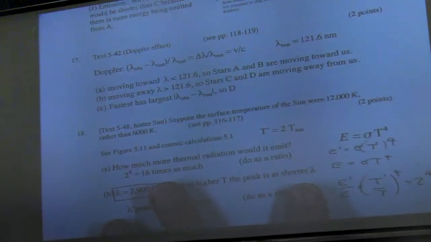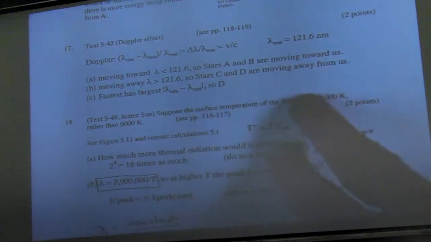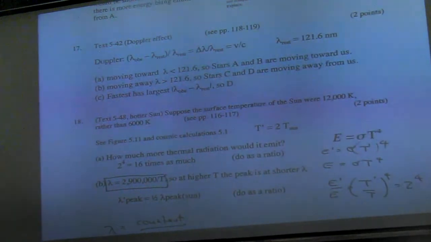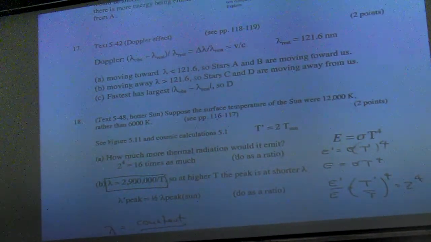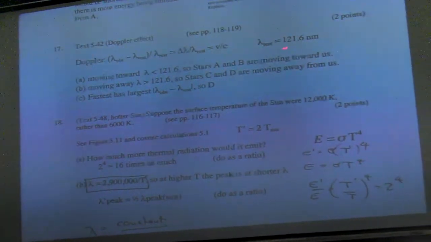Okay, just going on to Doppler. We went over Doppler. We didn't spend a lot of time on it, but you had it in reading and in an assignment. And you're given that this is the so-called rest wavelength of some light.